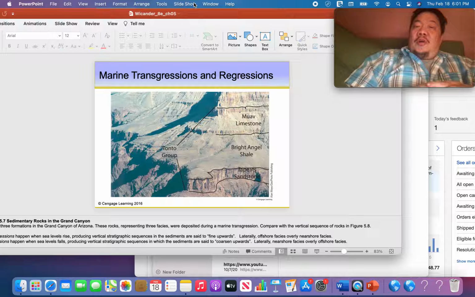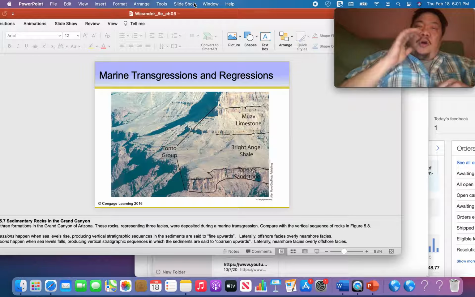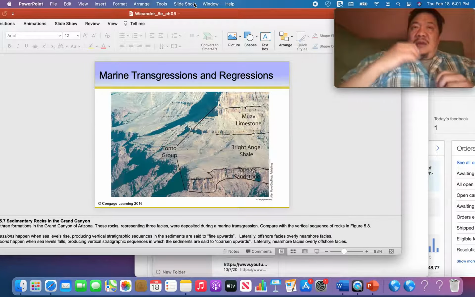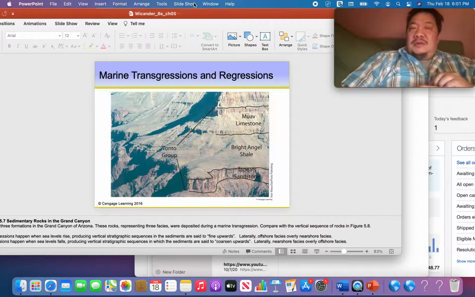The opposite of global warming is global cooling, when we have ice ages. When we have ice ages, what happens? Well, the ice grows on the North and South Pole, so there's less water in the oceans, and so the water retreats from the land. When the water retreats from the land, we have a regression.